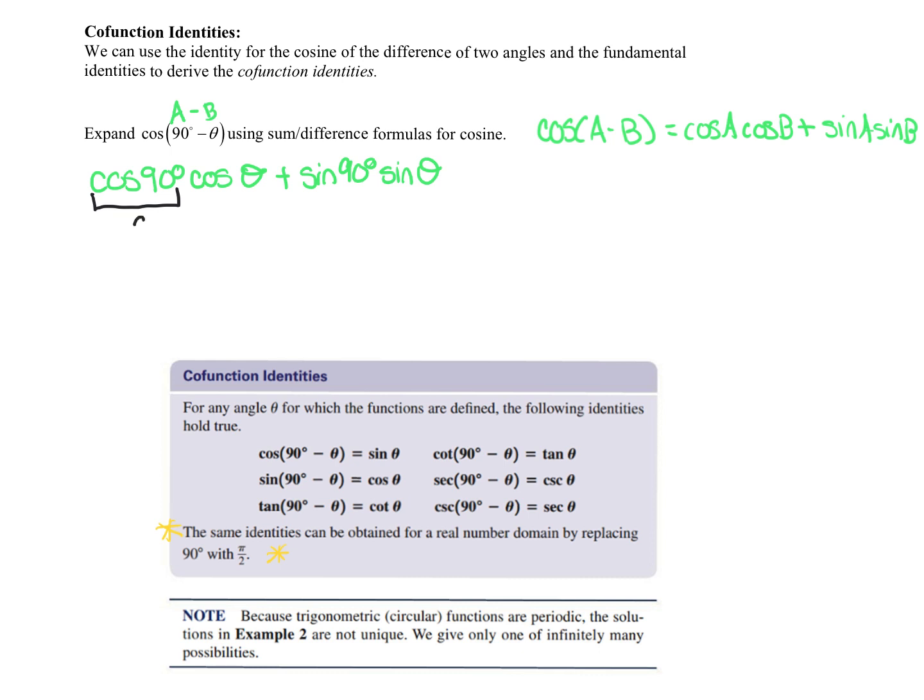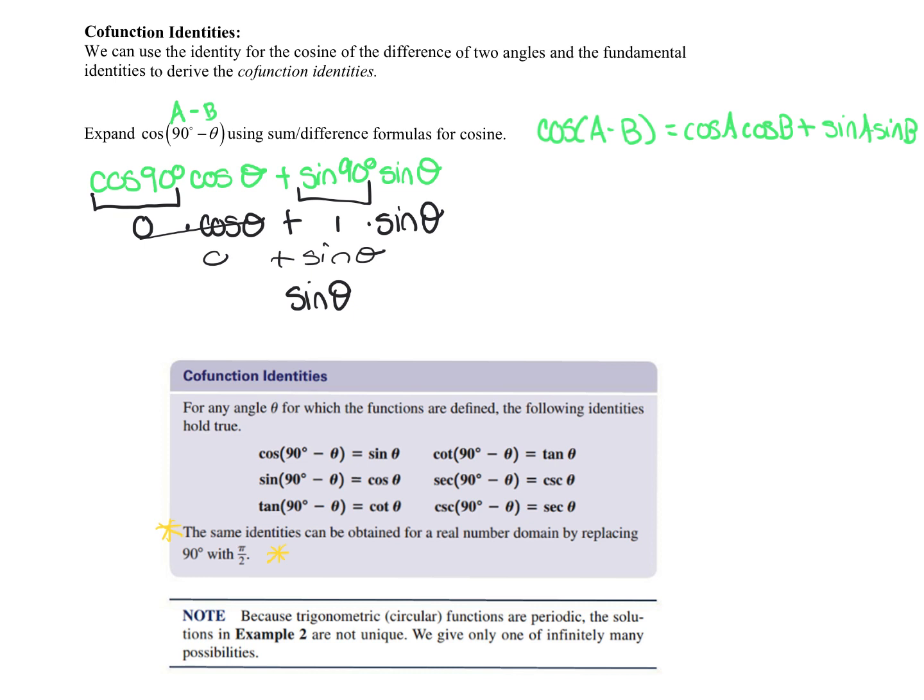Cosine of 90 degrees is 0, and then cosine theta, plus sine of 90 degrees is 1 times sine theta. Well, 0 times anything becomes 0, and 1 times anything is the other thing, and then 0 plus sine theta is just sine theta.